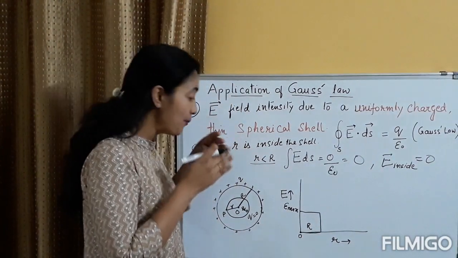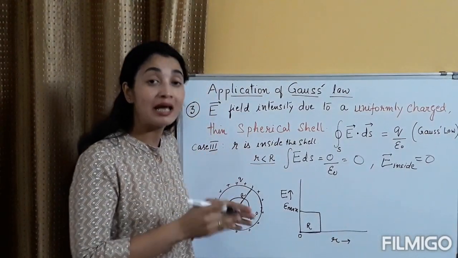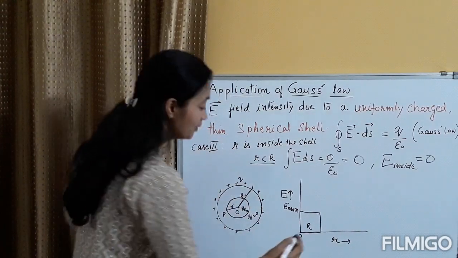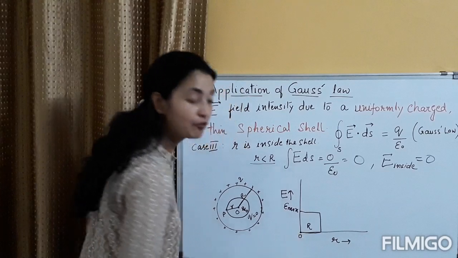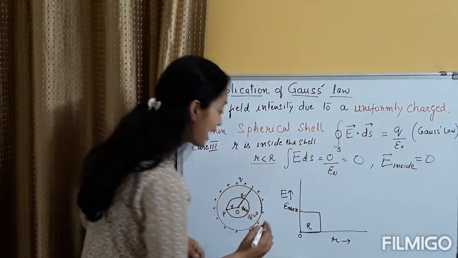The important conclusion is that on the surface of the shell itself, electric field is maximum. Inside the shell, electric field is 0. On the surface of the shell, the electric field is maximum.